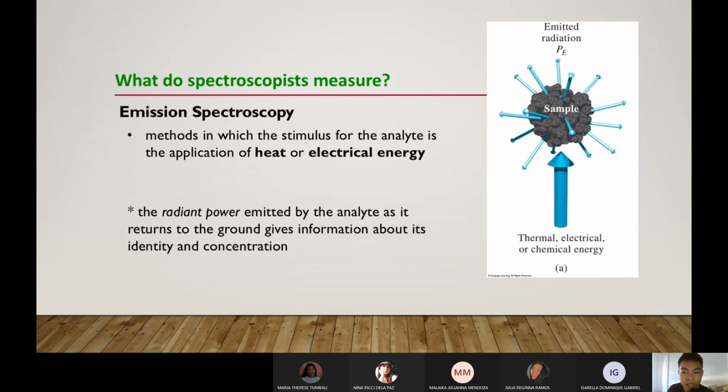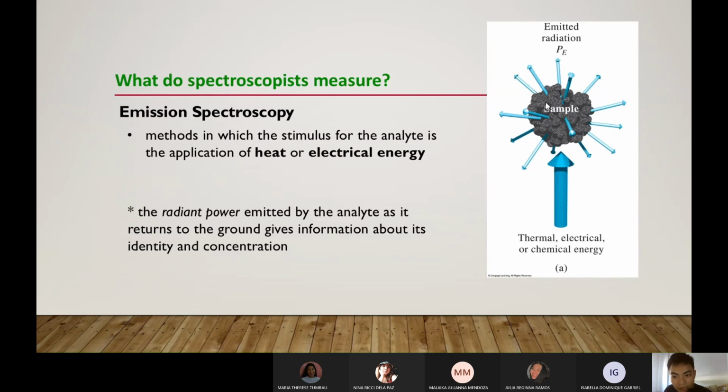An example is iron: when you heat iron, it glows. That's emission. If you measure the amount of light emitted by that material, that's called emission spectroscopy.